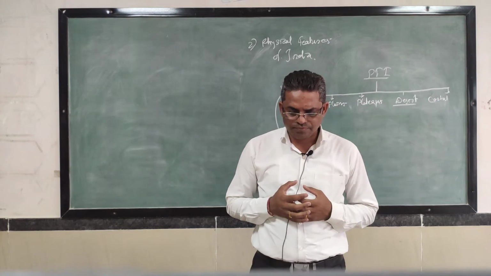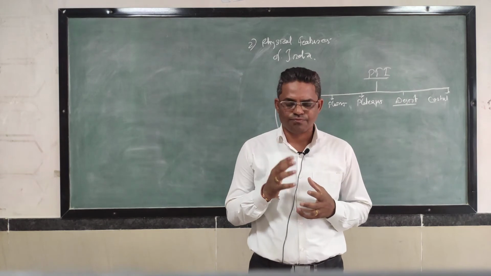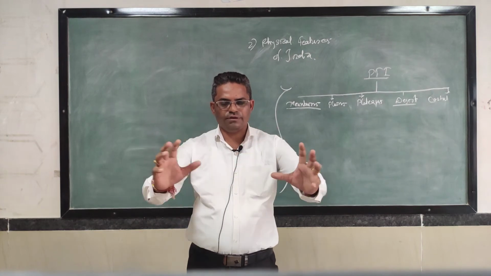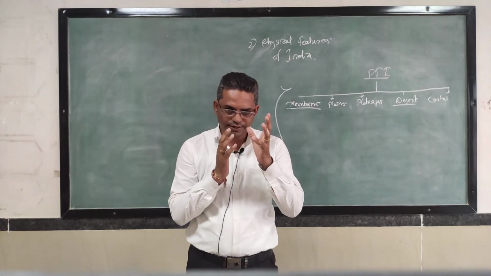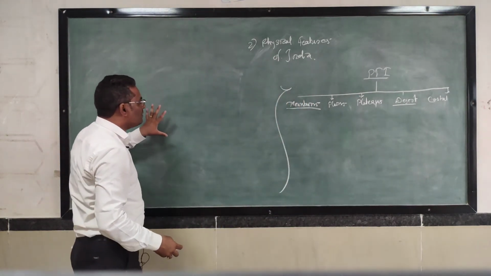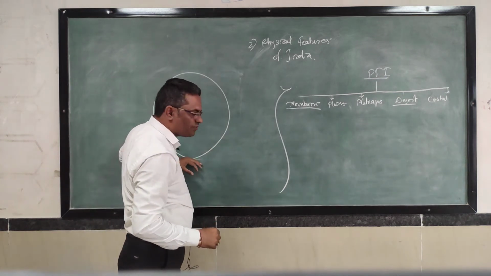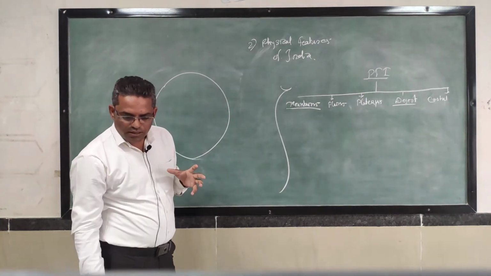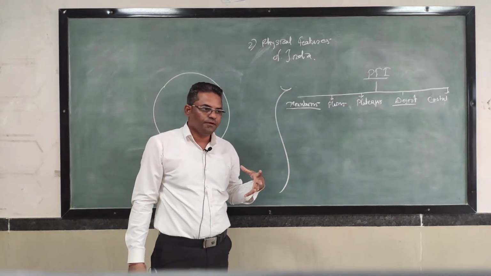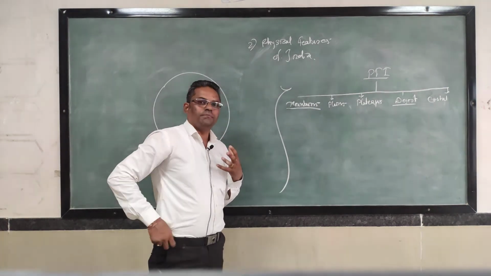To boost all this, there is one little story of the geological condition that I'll tell you, so that you'll come to know. On the earth, when the earth was created, it was in gaseous form, then it turned into liquid form, then slowly the liquid started cooling down and it turned into solid part.